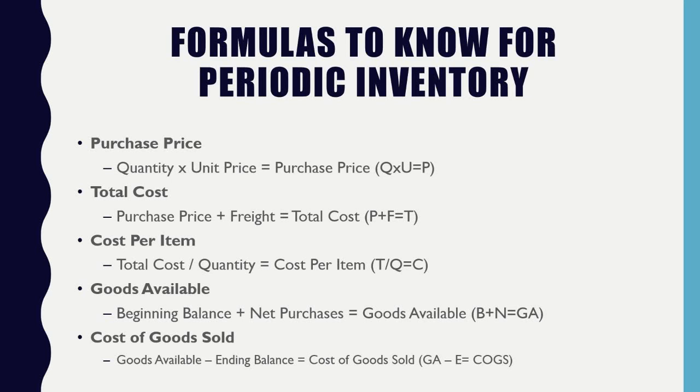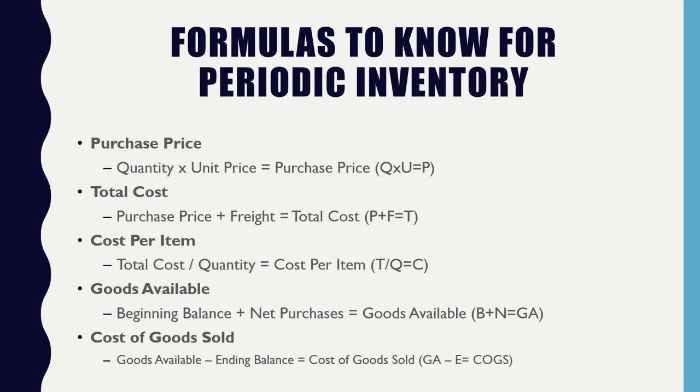Right now in class, we're only dealing with freight, but total cost includes everything: freight, insurance, special handling, anything else that costs you to get it to your door goes into the total cost of your inventory. To make it simple, we're only dealing with freight. I want you to know that the total cost includes everything it costs you to get that product to your door.